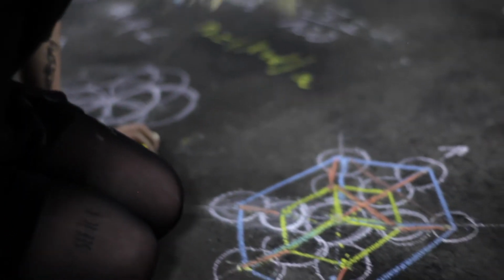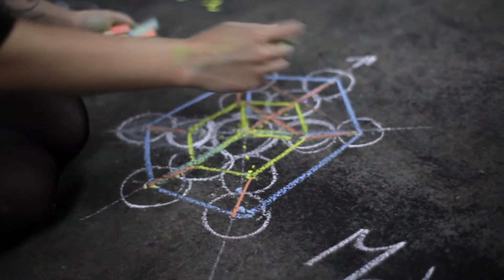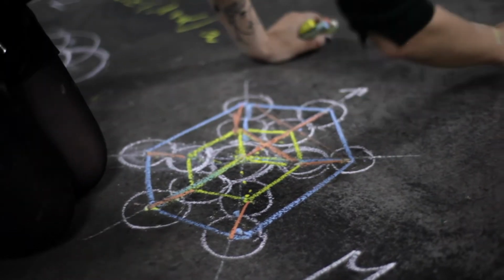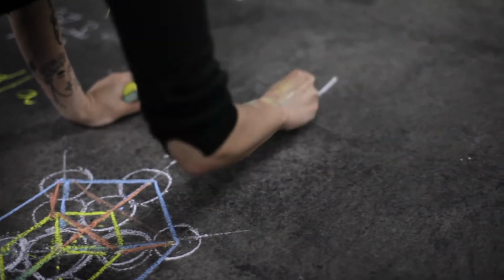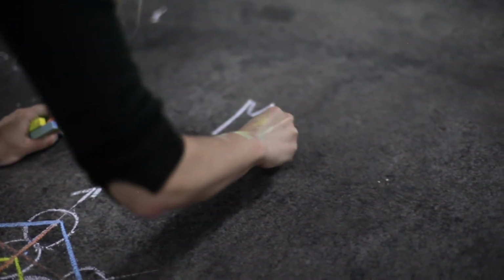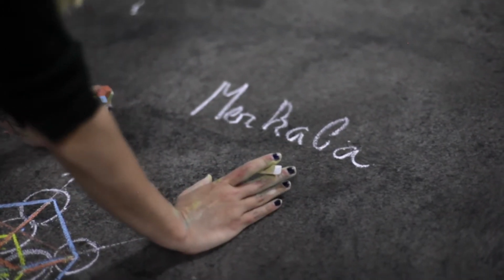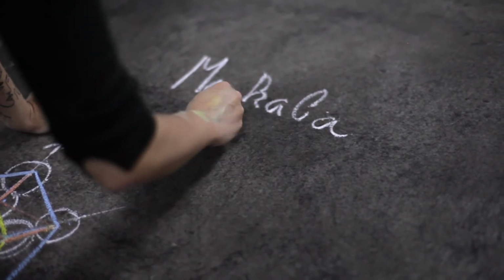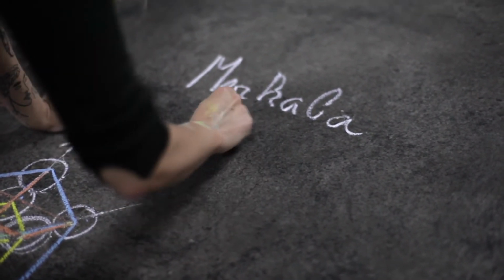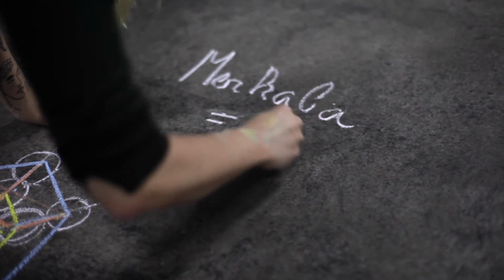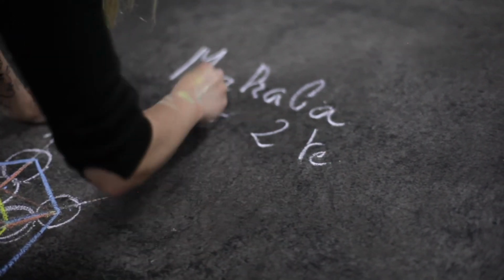So the next step is that from these pictures emerges a Merkaba. A Merkaba is also naturally emerged from this pattern because it is always based on this 6 symmetry. A Merkaba is equal to 2 tetrahedrons.